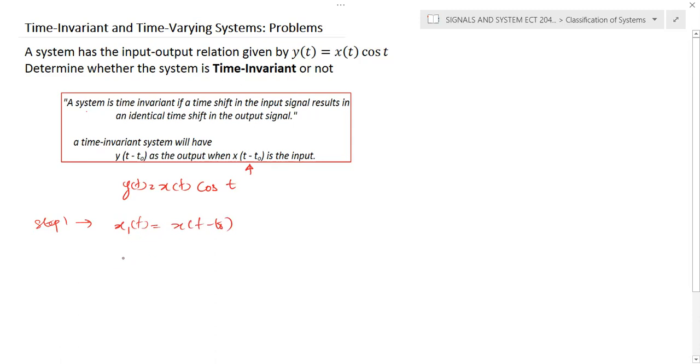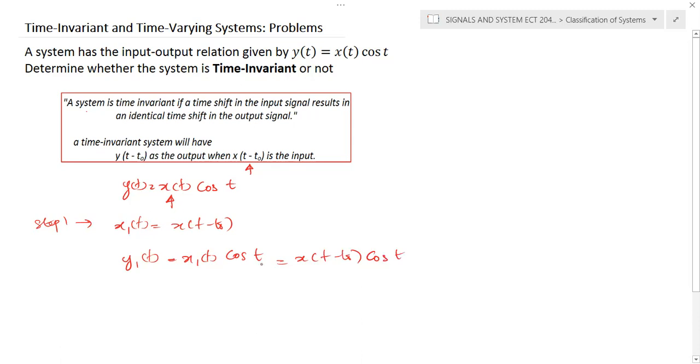And if we apply this particular input to the system, the output will be y1 of t, and y1 of t is equal to x1 of t into cos t. So this is the input part, and that is x1 of t. And if you replace this x1 with x of t minus t0, into cos t.